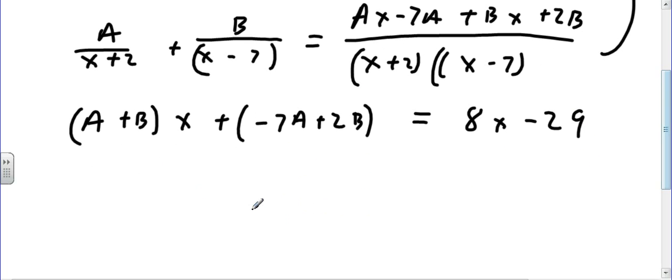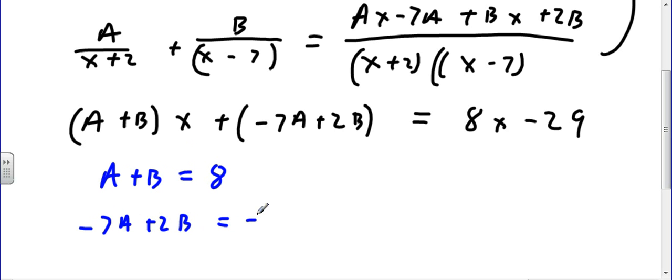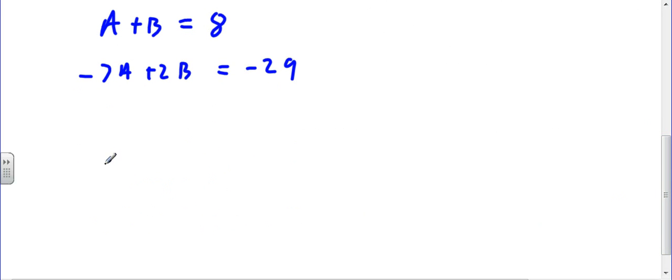That being the case, A plus B has to equal 8, and minus 7A plus 2B has to equal minus 29. I have 2 equations and 2 unknowns. The right thing to do would be put it in my calculator and tell me what the answer is. But I'm going to go and do Cramer's rule.